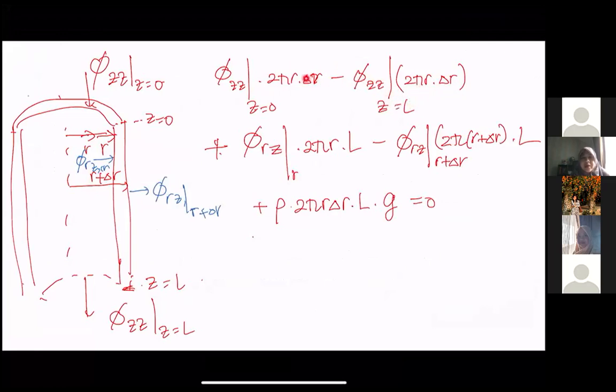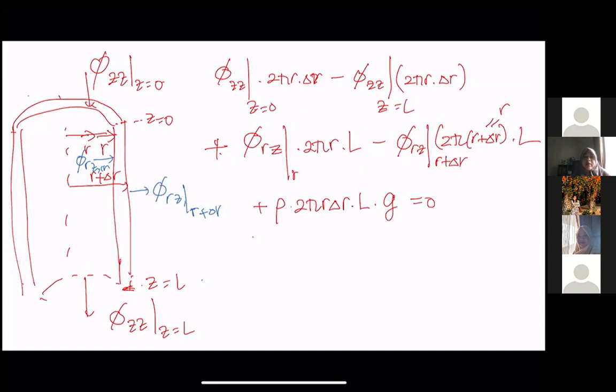You can see that the area in would be equal to the area out, because it is the same ring that we're looking at. However, the area for C_rz at R would be different from this one. This one we can write as R, but at R equal to R plus delta R.